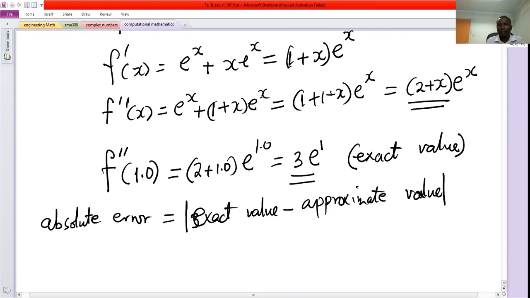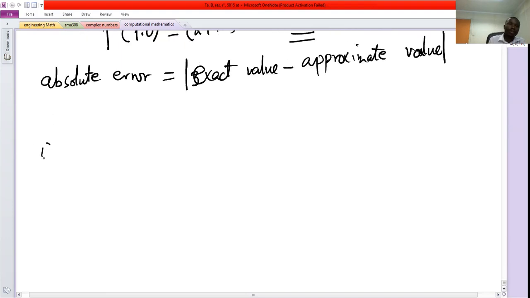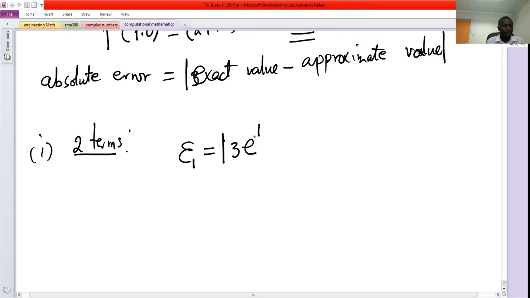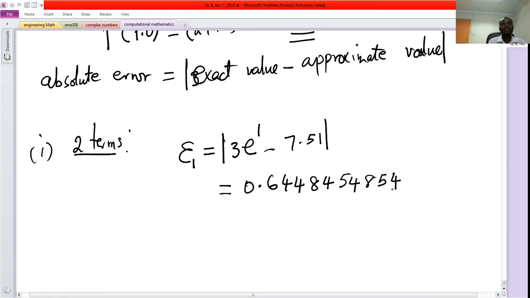So which means that for part 1, when we have two terms, let me call the absolute error E1. It will be given by the exact value 3 e raised power 1 minus the approximate, which in the first case using two terms was 7.51. So the absolute value of this difference will give us 0.64448454.